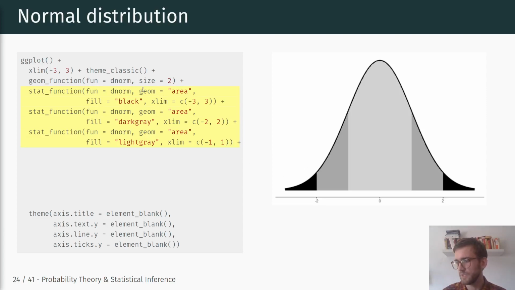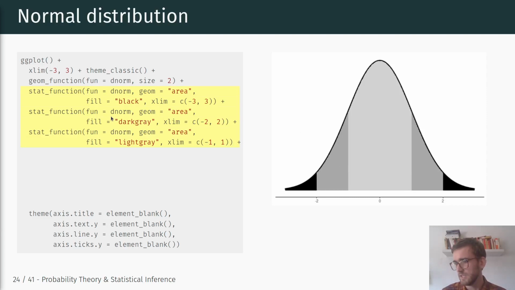On the one hand, we have the area between -3 and 3, which we now shade as black. We have a gray area between -2 and 2, that is between here and here, that is now dark gray, and then we have light gray between -1 and 1 to basically shade this area under the curve, right?